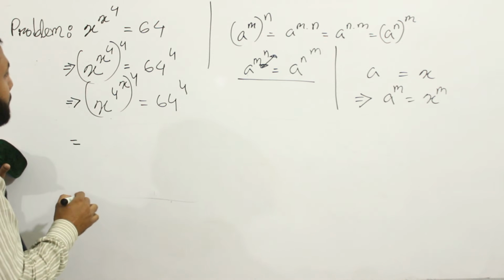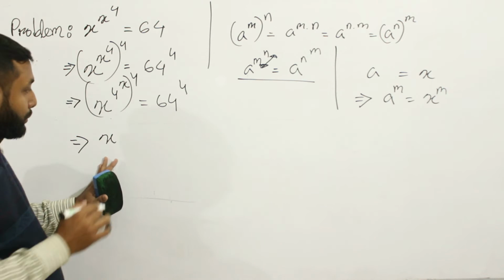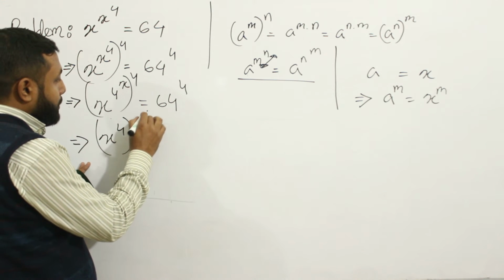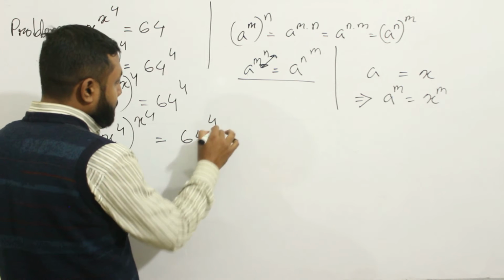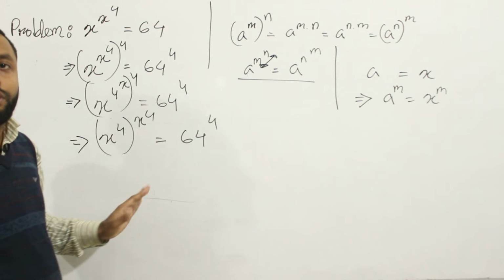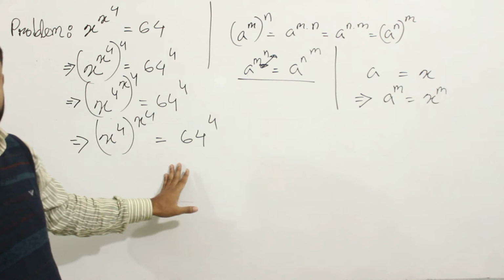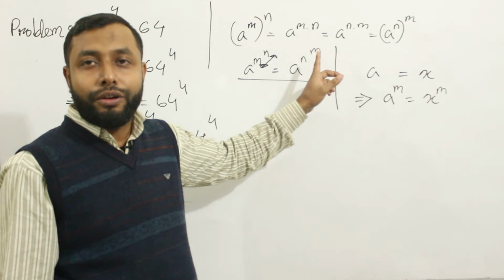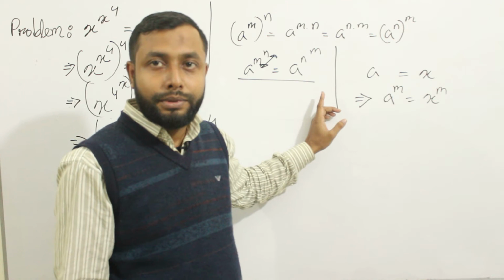Now we may rewrite that x to the power 4 to the power x to the power 4 is equal to 64 to the power 4. We just simplified our equation like that, and those are based on the formula we wrote on the right side.